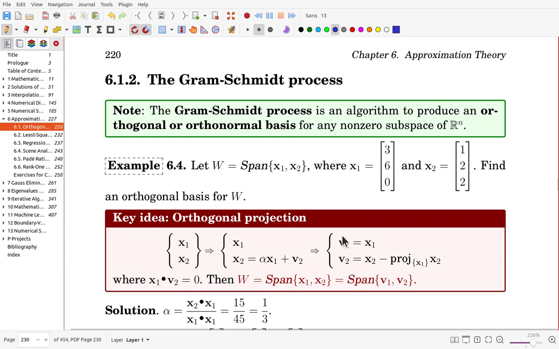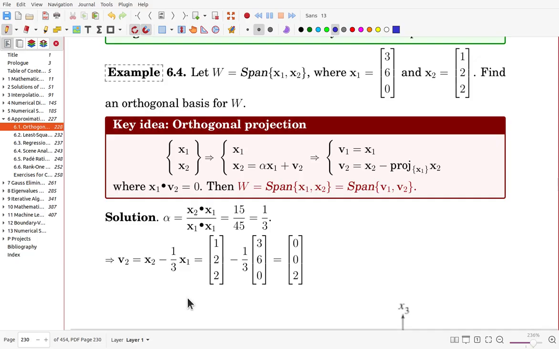So these two vectors will be an orthogonal basis of the space W. Okay, we can compute alpha easily. Alpha must be x2 dot x1 divided by x1 dot x1. From the given vectors, you can get this quantity easily. So it's 1/3. So v2 is x2 minus 1/3 of x1. So we reach (0, 0, 2).